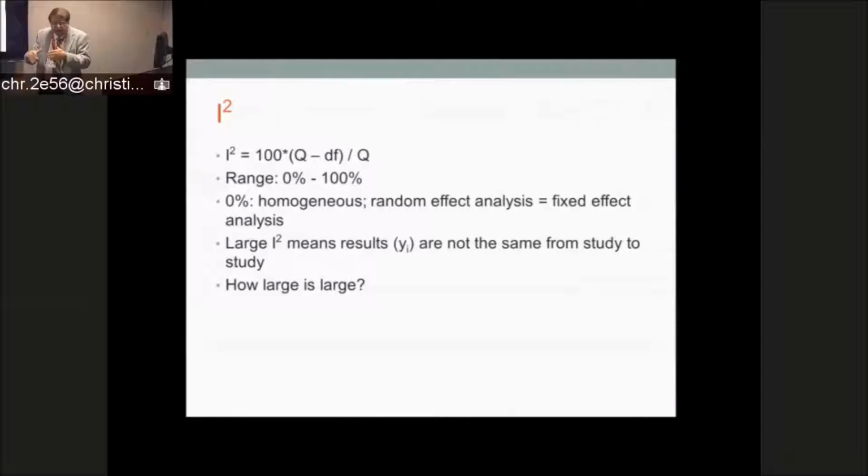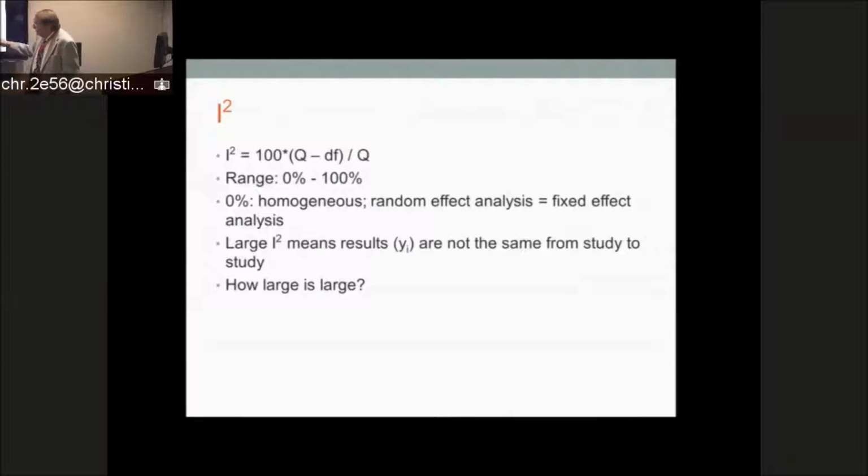In other words, any difference between the outcomes, the odds ratio or the risk ratio, is just due to sampling error. If you have 0% for the I-squared, then the random effects analysis and the fixed effects analysis will be the same. There won't be any difference.